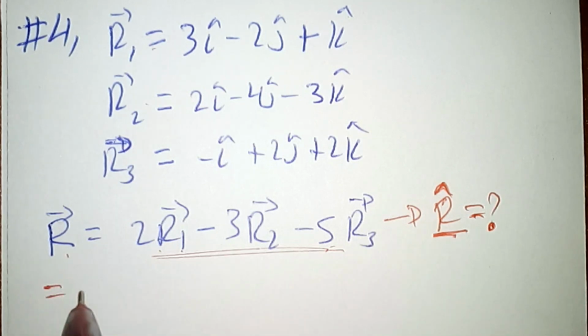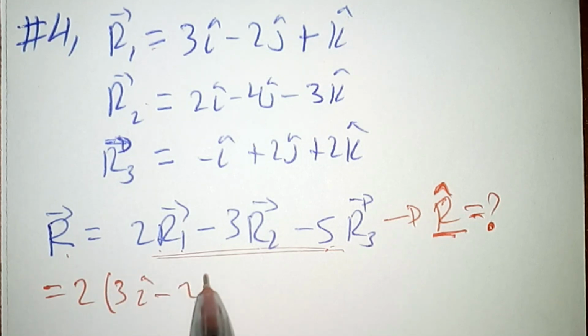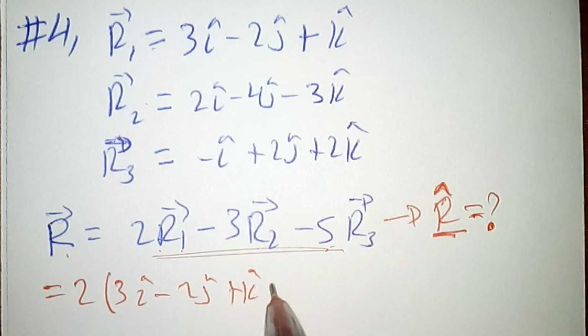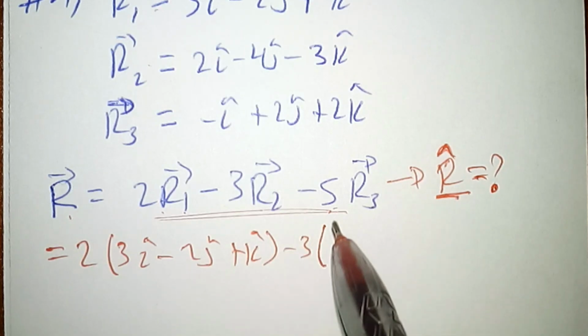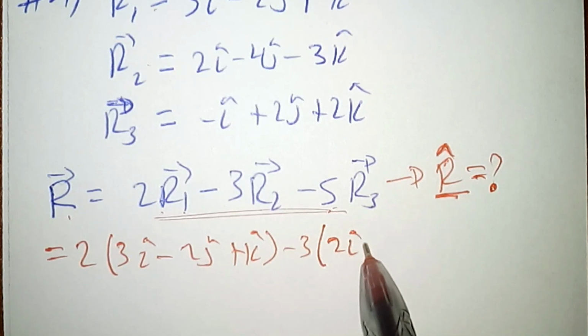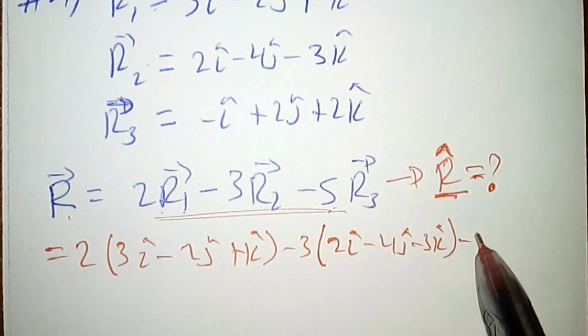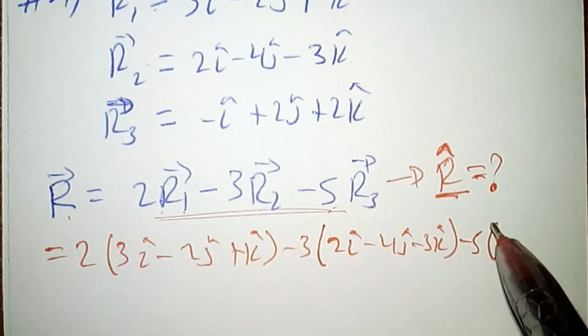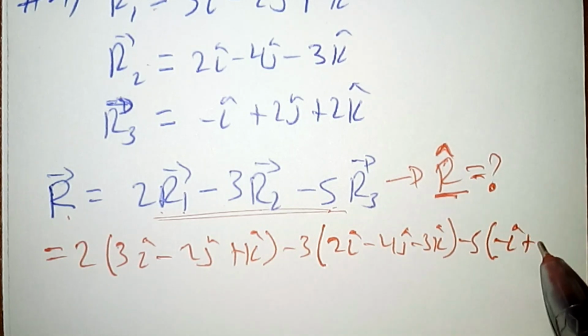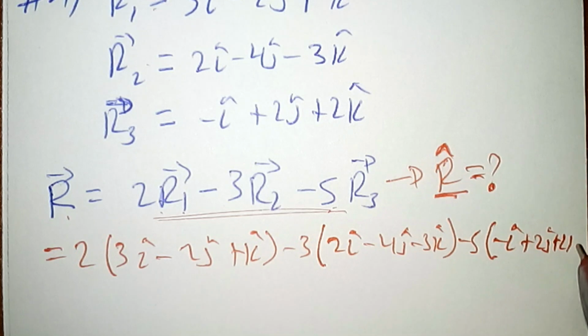So this is equal to 2 times vector r1, 3i minus 2j plus k, minus 3 into 2i minus 4j minus 3k, minus 5 into minus i plus 2j plus 2k.